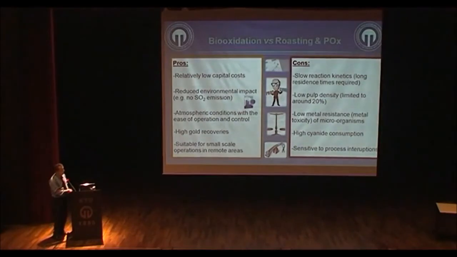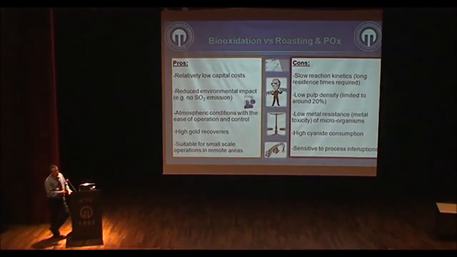There are, of course, disadvantages of the process. The main disadvantage is the slowness of the reactions, which may take up to 4 to 6 days, compared with pressure oxidation or roasting, which take hours.